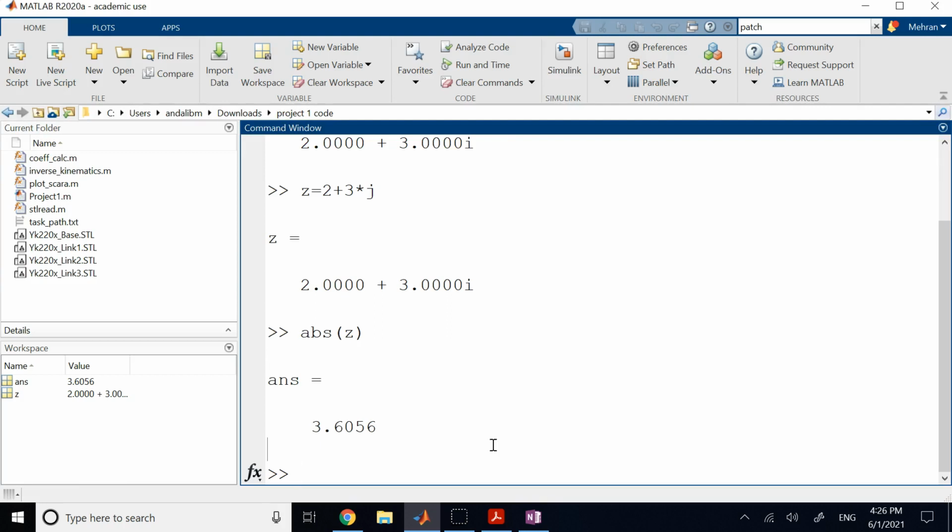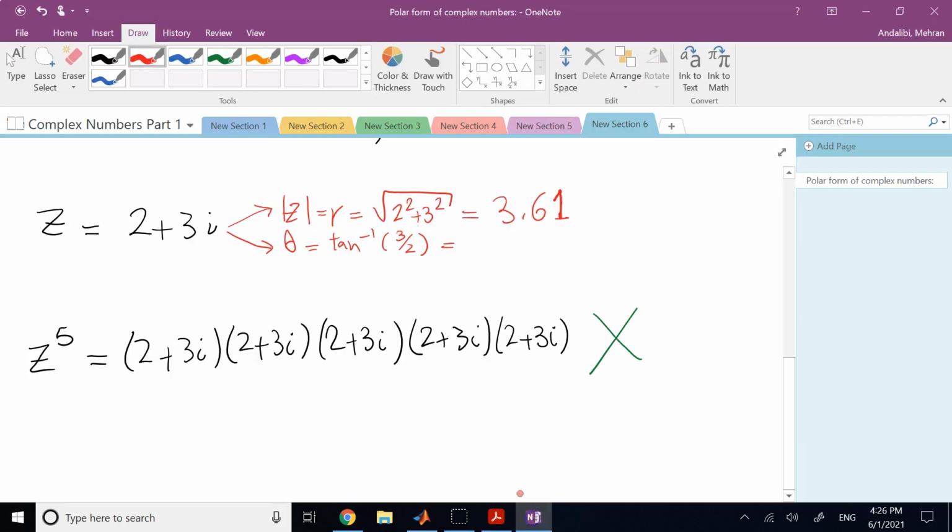And so that's where you have the command angle, if I'm not mistaken, of z, and this is the angle theta, and it is in radians, 0.98 radians.